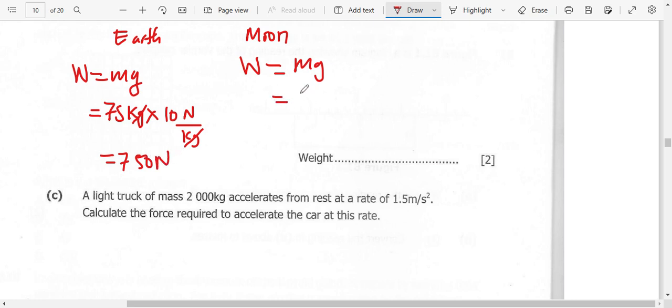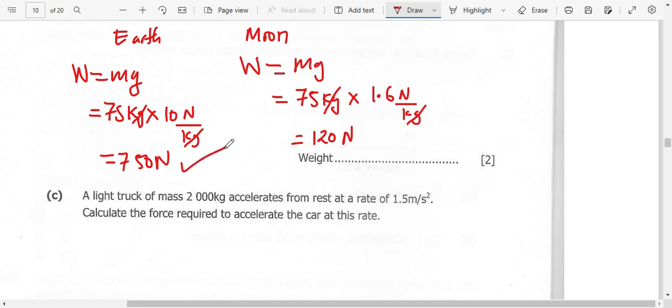But on the moon, the mass is still the same, 75 kg, but the gravity on the moon is 1.6 Newton per kg. The kg and the kg cancel out, so all that remains is to multiply 75 by 1.6. That gives us 120 newtons.